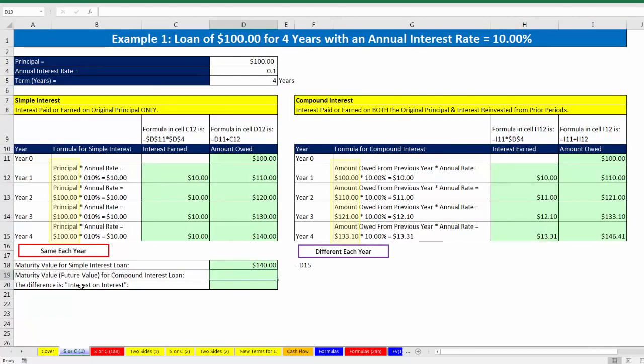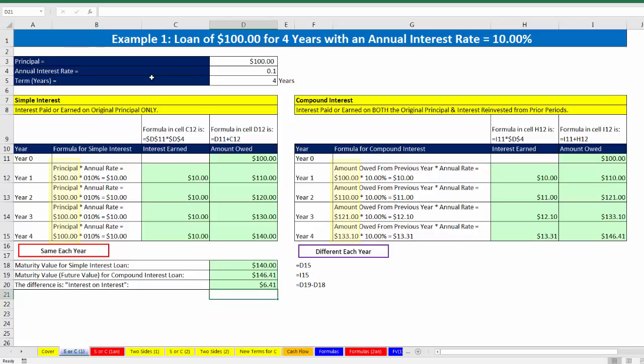Now, I need the maturity value, also known as future value when we do compound interest, for the compound interest loan. So I'm going to equal sign, click on that, and Enter. Now I'm going to do a formula equals up arrow, compound interest maturity value minus up arrow, up arrow. There's the simple interest maturity value, $6.41.